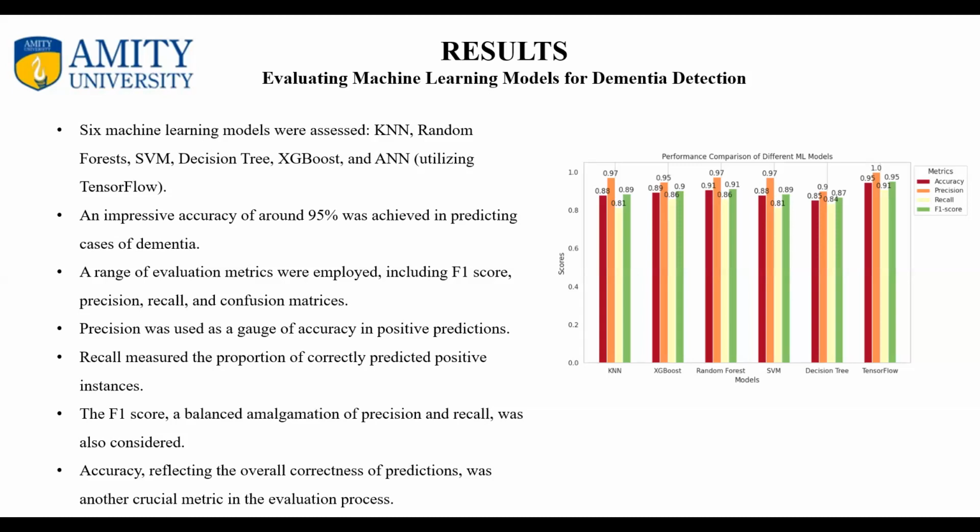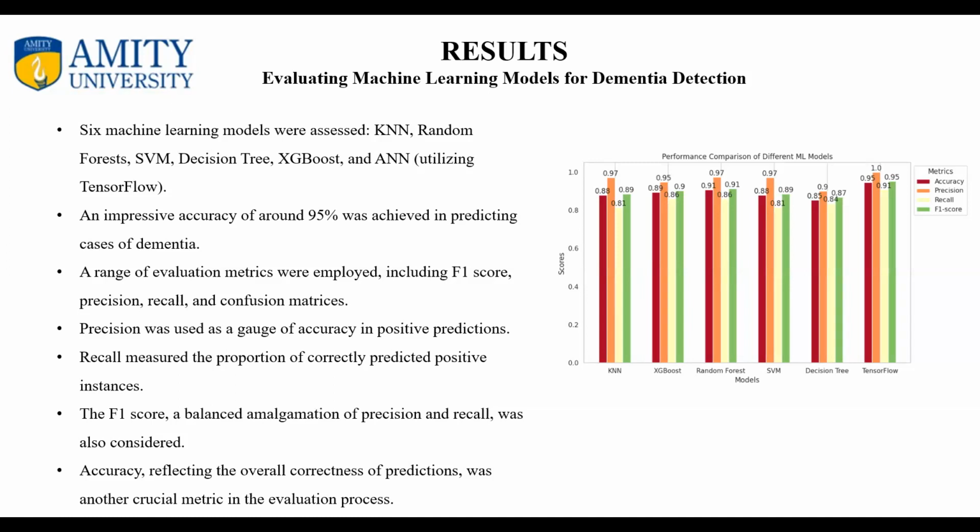Our evaluation includes a range of metrics such as F1 score, precision, recall, and confusion matrix. Precision estimates the accuracy of positive predictions, while recall measures the proportion of correctly predicted positive values. The F1 score provides a balanced measure of precision and recall, and accuracy reflects the overall correctness of the predictions.